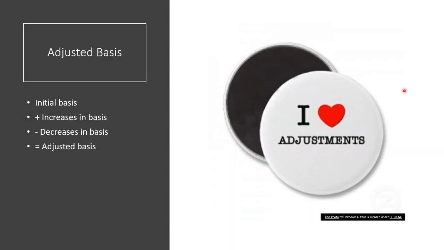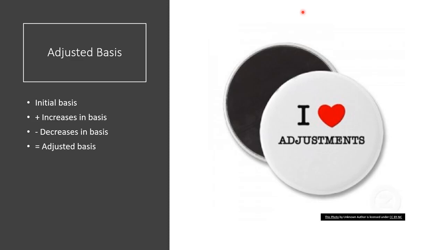And then we come to adjusted basis. Adjusted basis takes into account items that happen after the initial starting point. So up to this point, we've looked at the initial starting point, all the various ways that assets can be acquired, and we've looked at what the initial starting point would be for them.